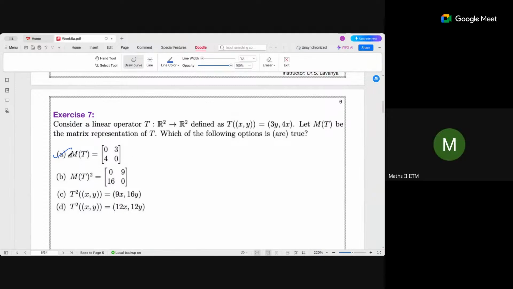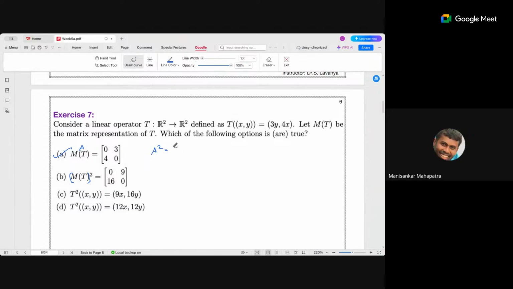M of T squared is the square of this matrix, M of T. Maybe if I have a bracket here. So if I call this A, what is A squared?